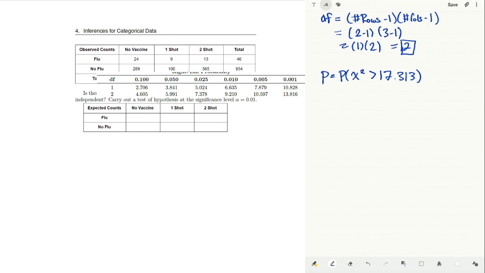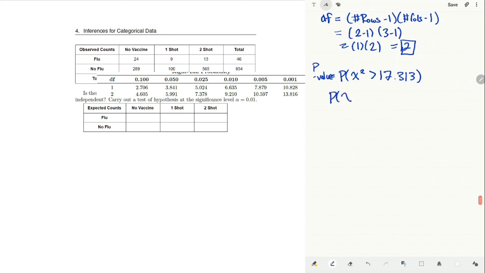So for 2 degrees of freedom, we'll locate where 17.313 falls within the table. And if you look in our table, 17.313 falls to the right of the table. So the closest value is 13.816. So let's write down what the table is giving us for the area.